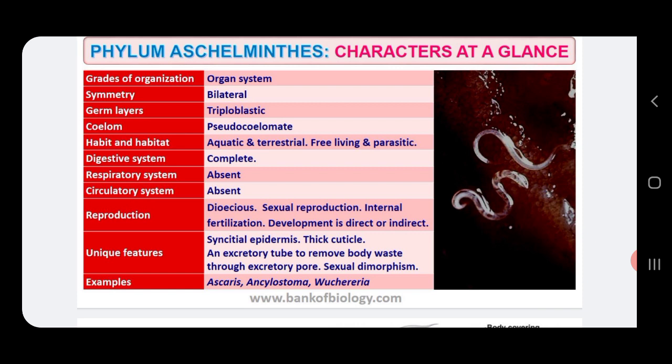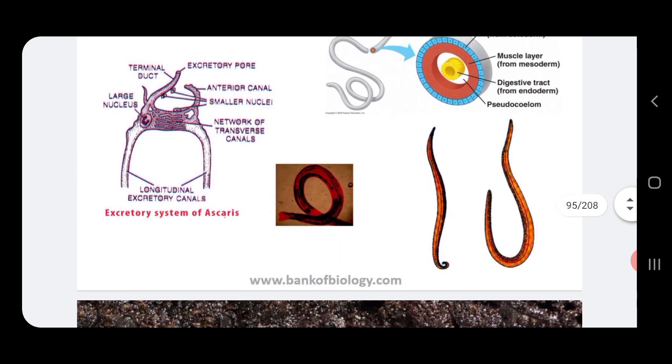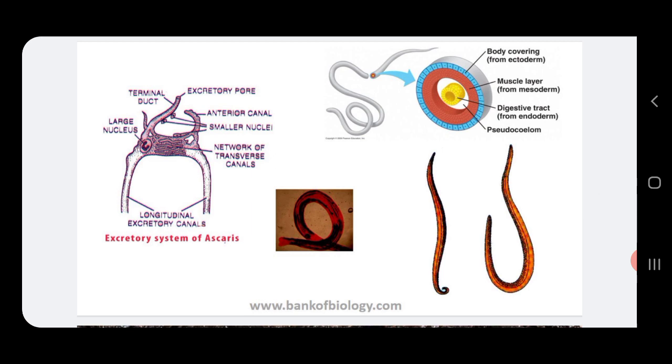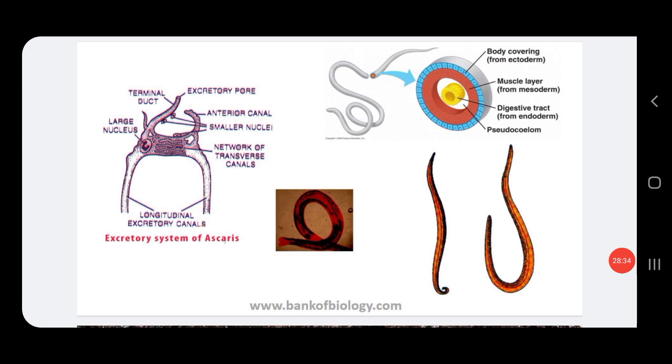Then the next phylum is phylum Annelida, and that phylum we will be studying in the next class. But before that, you need to remember the important features of all the phyla.